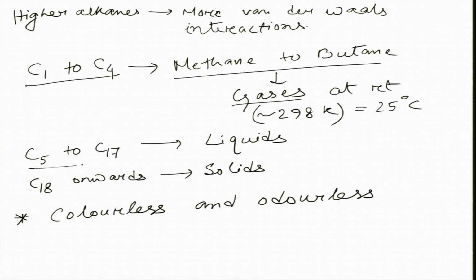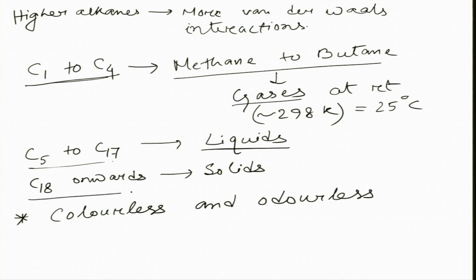Then C5 to C17, these had some intermediate size. So, they had more van der Waals forces than these lower alkanes. So, they exist as liquids at room temperature.